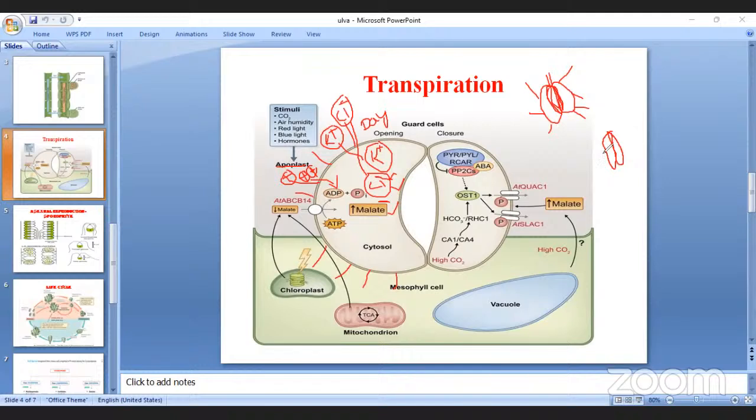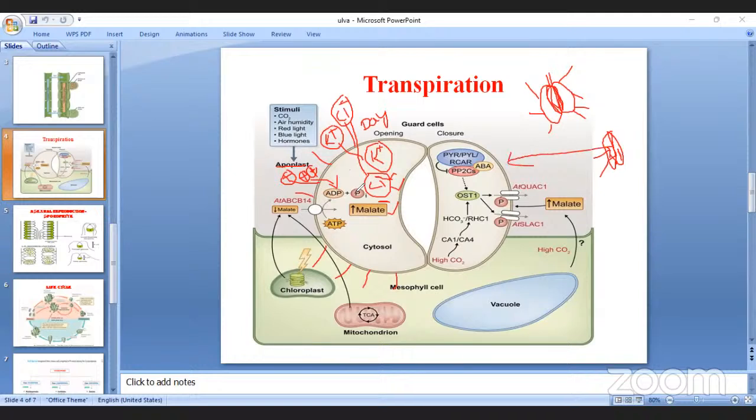For example, this is the closed guard cell. If you add water to the guard cell, the water molecules increase in the guard cell. As a result, pressure falls on the wall layers here. Due to the pressure and turgidity, automatically this closed stomata opens.